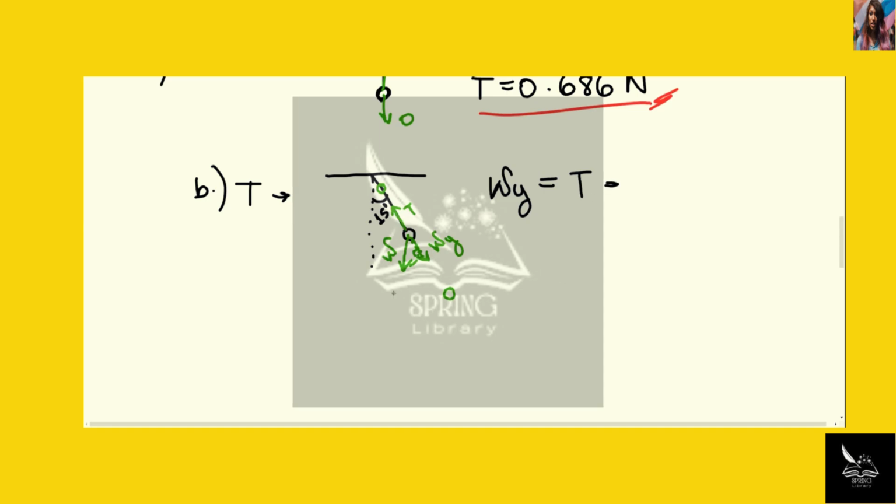Okay? And it's going to be mg times cosine of 15 degrees, since this angle here is theta. Now the tension is going to be equal to 0.594 newtons.